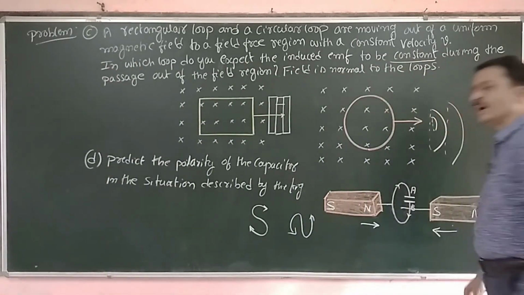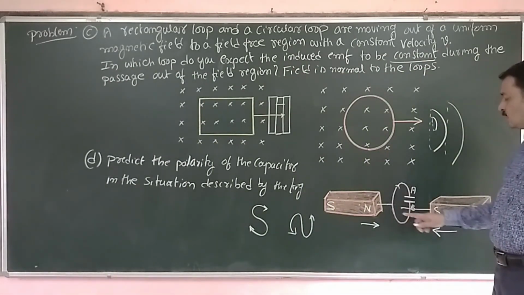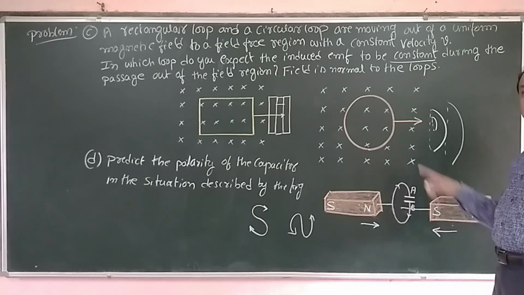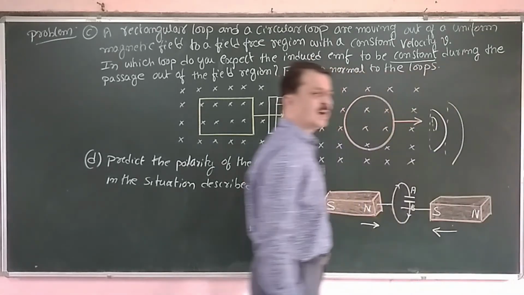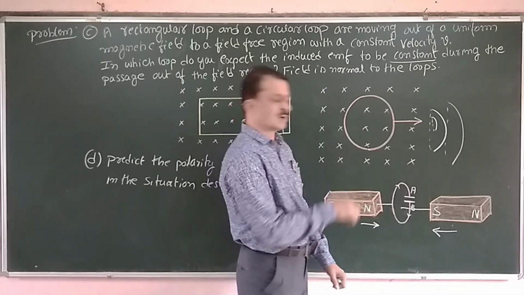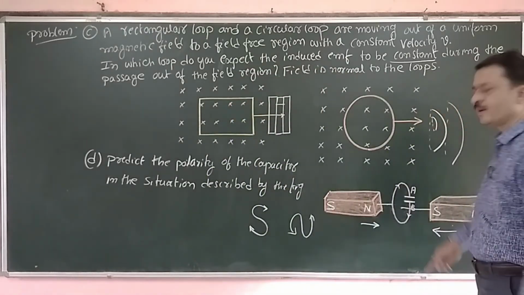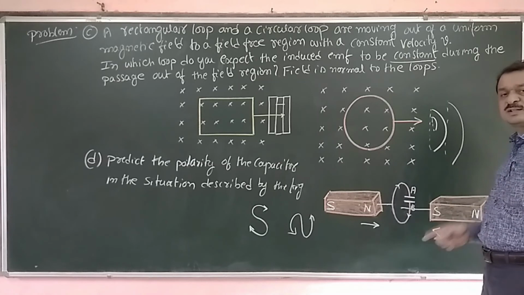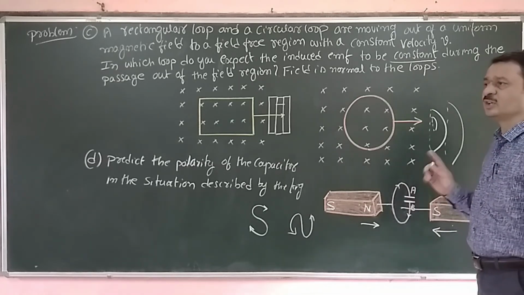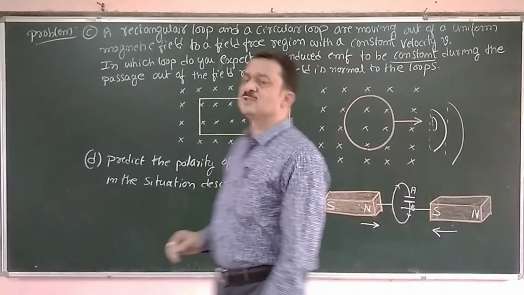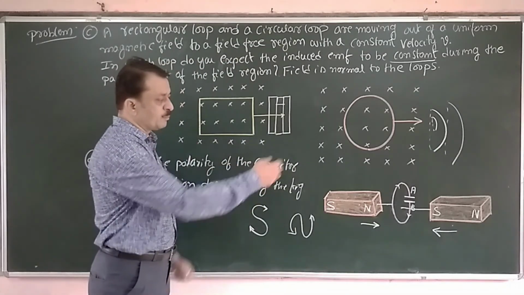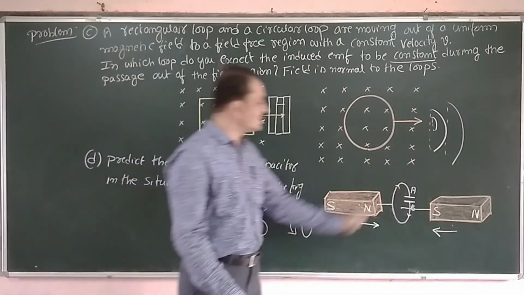If I stand here, the current should be in the clockwise direction. If I stand here, the current should be in the anti-clockwise direction. So the current is flowing in the same direction when both the magnets are moved towards the loop.